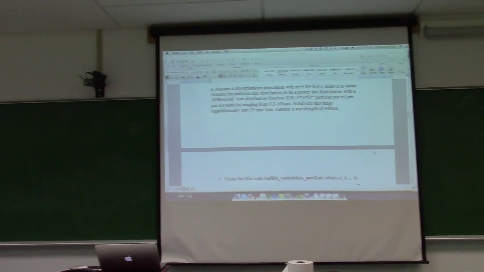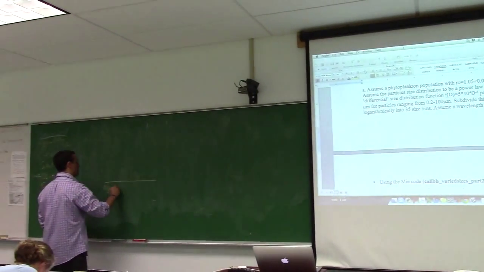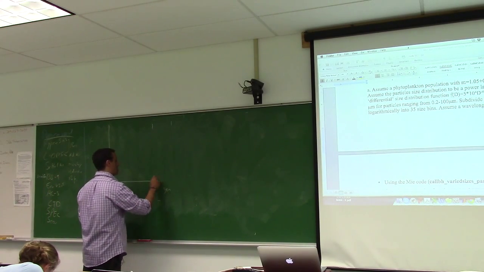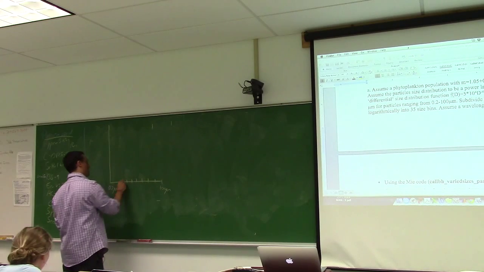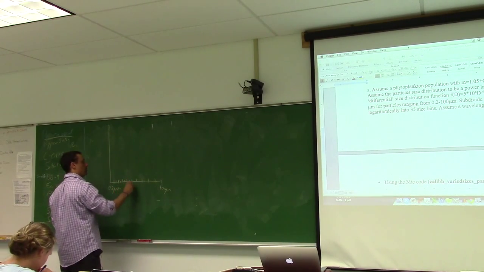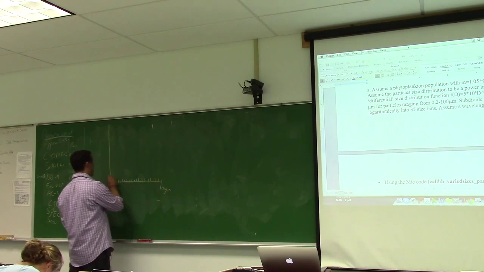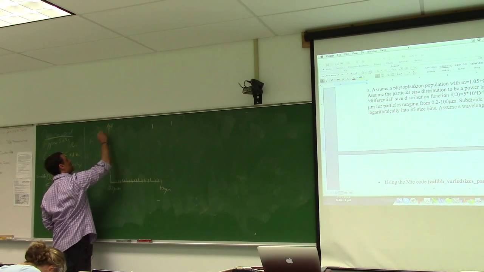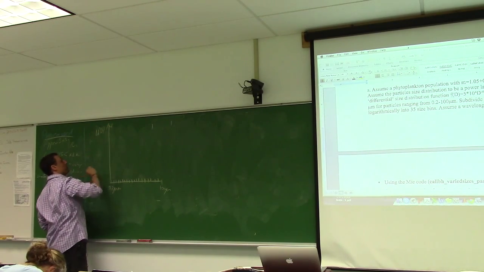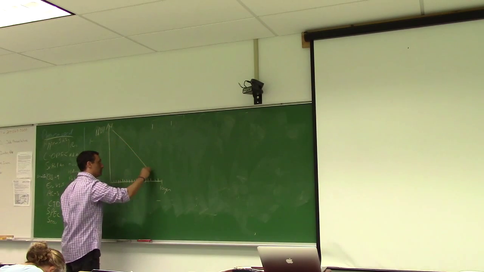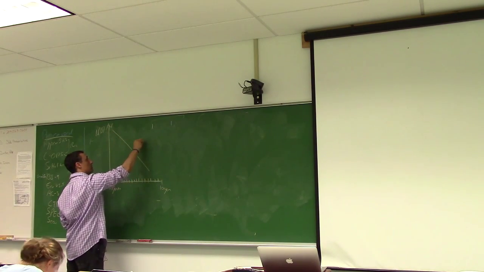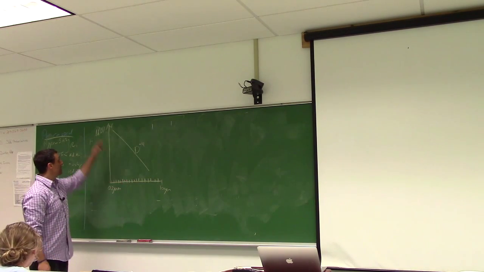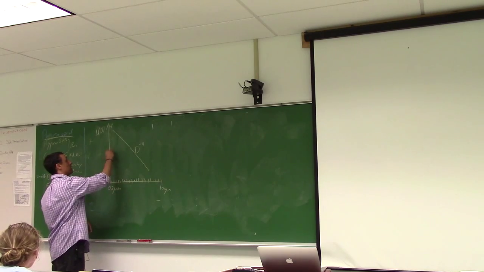It varies from 0.2 micron, the size of my filter, to 100 micron, and I have 35 logarithmic size bins. I don't know how many I put here, but let's assume it's 35. This is the number distribution, and it goes like D to the minus 4. It's a power law, which on the logarithmic scale is also logarithmic.